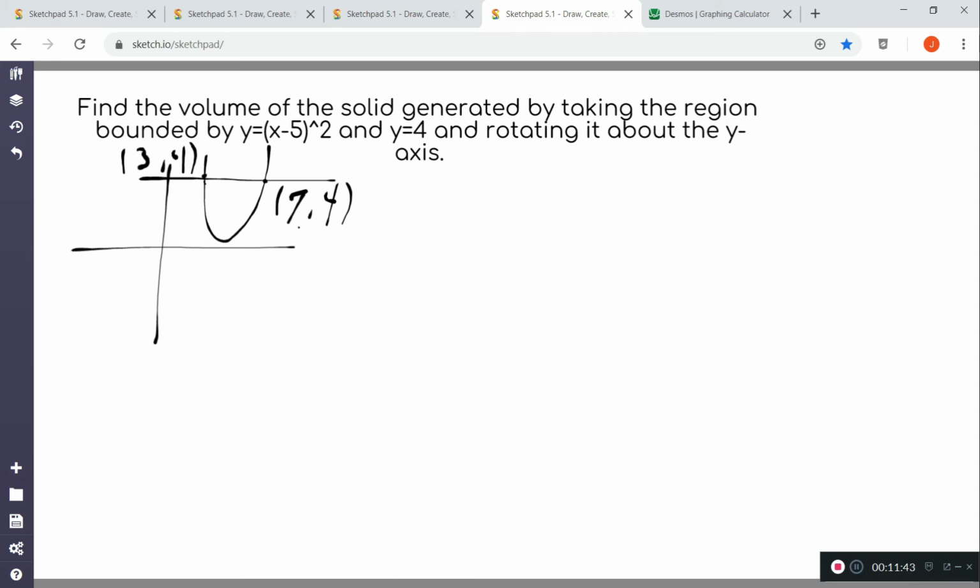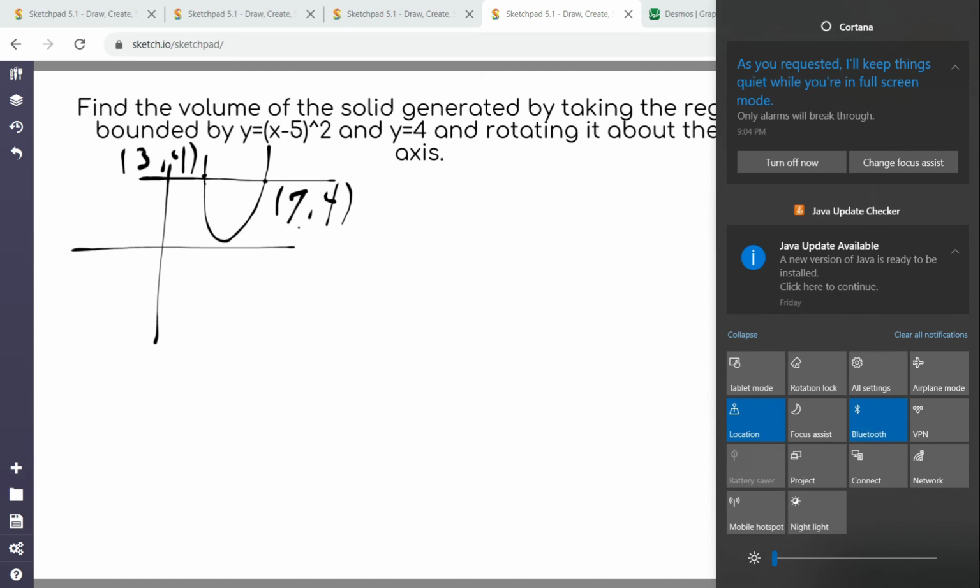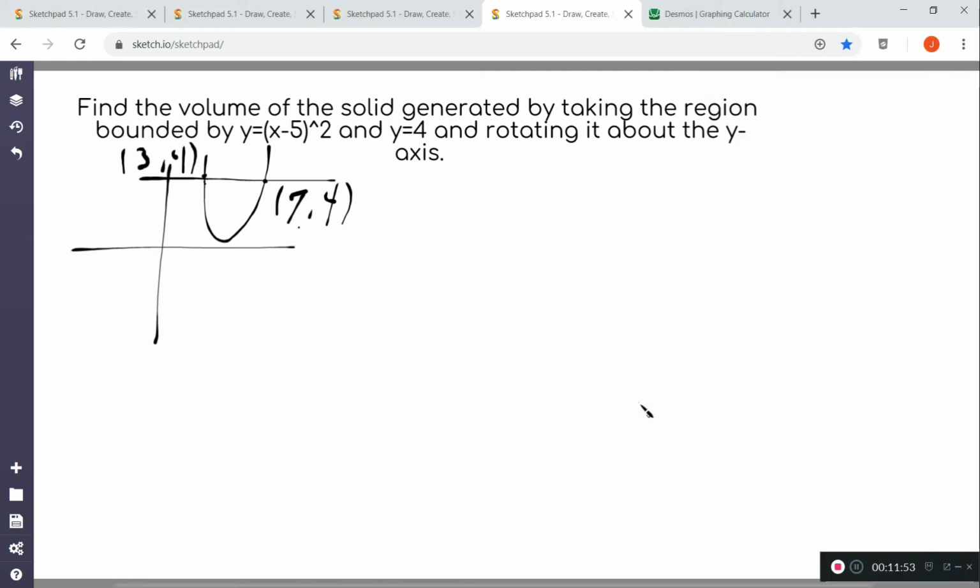Now there are some things that are tricky in this particular example. Given that our region is inside and separated from the axis, we've got a little thinking to do.